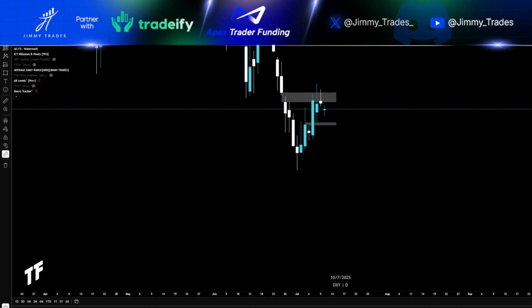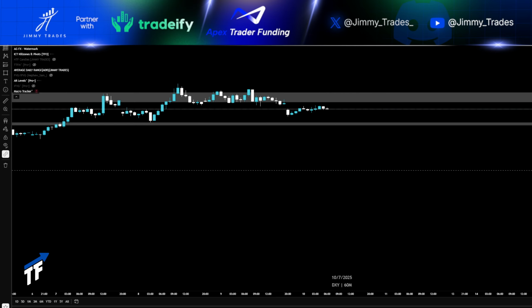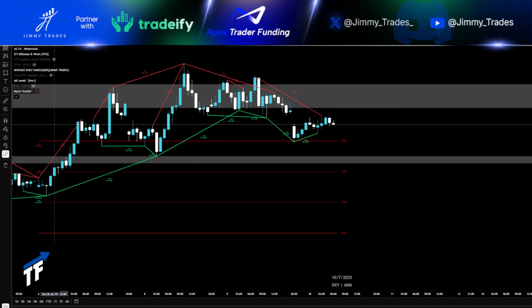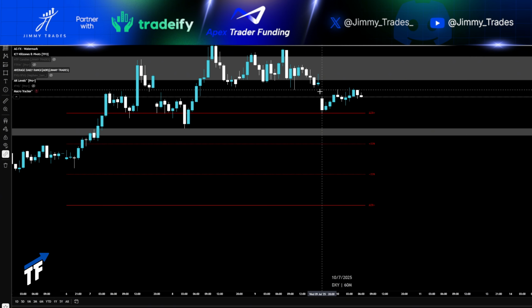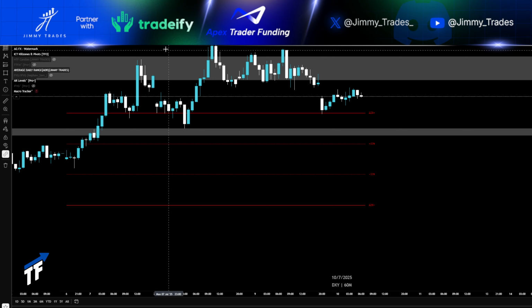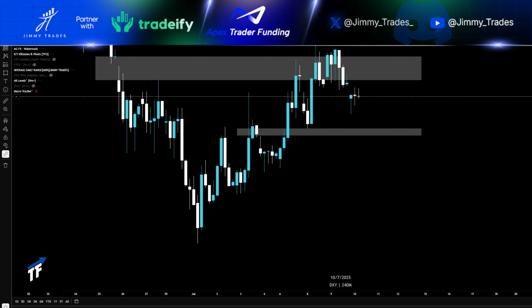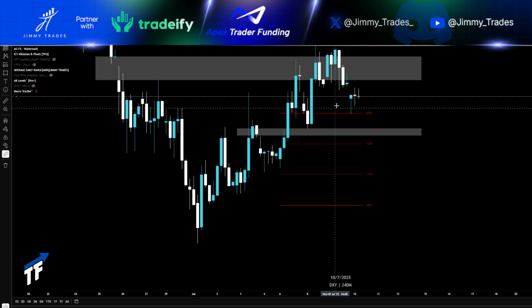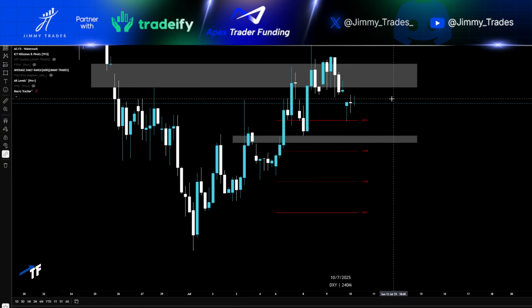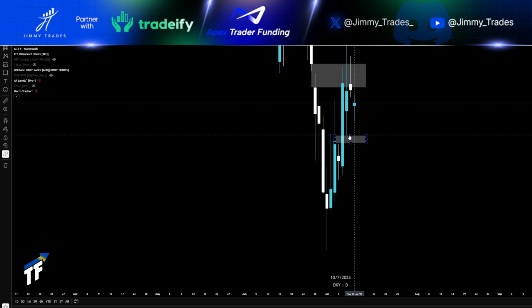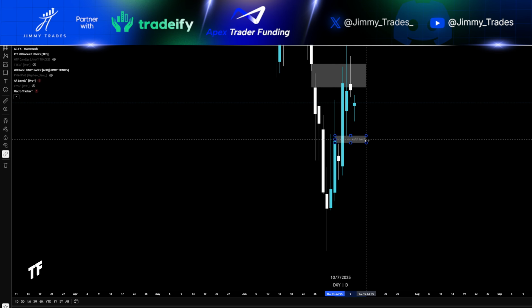I'm looking for probably price to want to close that gap. Playing around in that gap at the moment because we do know gaps like to be filled. Even on the 4 hour, we've had a candle closure back inside the range here. So yeah, there is real potential here for price to want to run lower. And this would be my target, this gap down here.